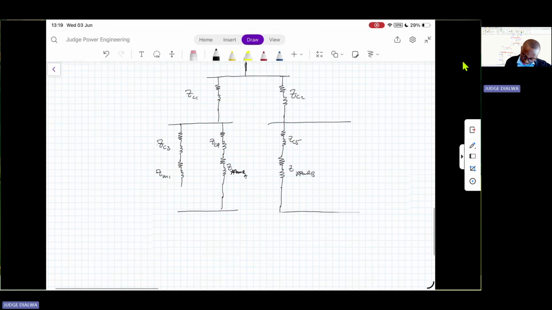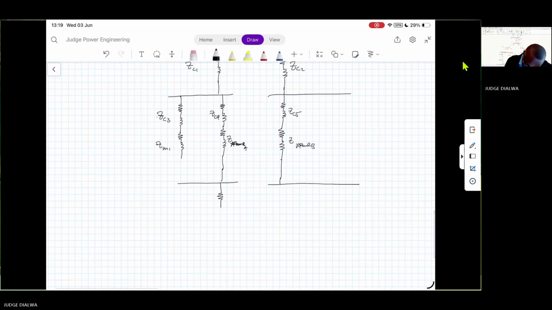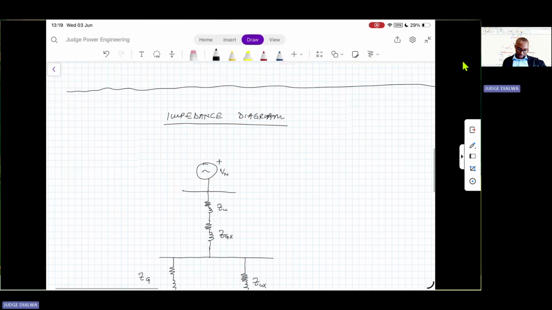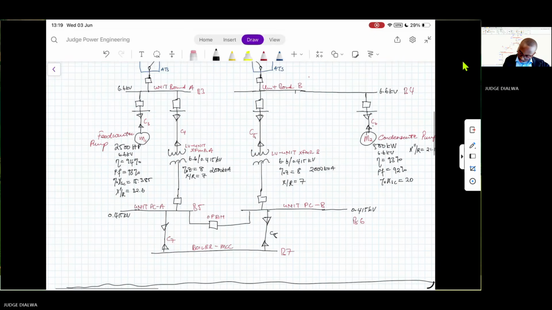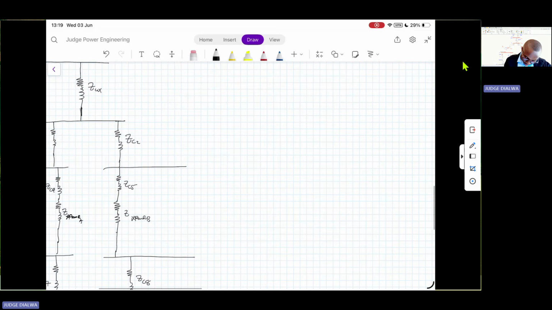We have cable 7. It's cable 7. And here we have cable 8. Feeds boiler MCC. So then we are left with cable 6 in series with our condensing pump or motor 2.